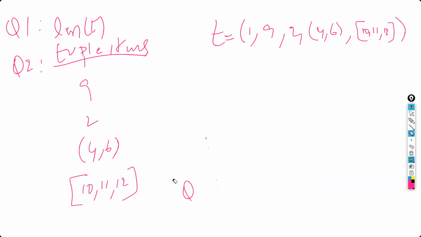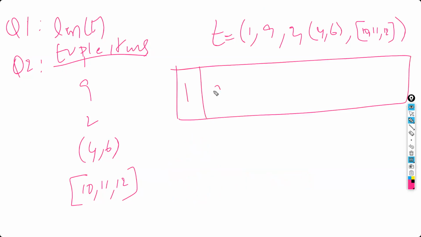Now here the interview question starts. These are all general questions, not even interview questions. Now here you have the values like this: 1, 9, 2, tuple of 4, 6, list of 10, 11, 12.